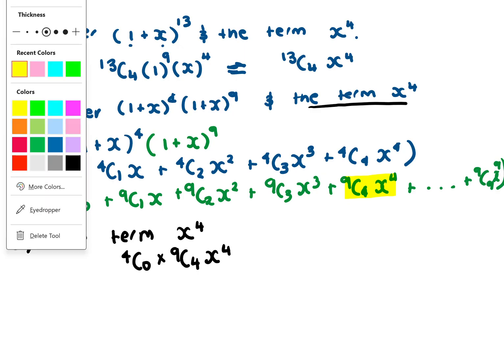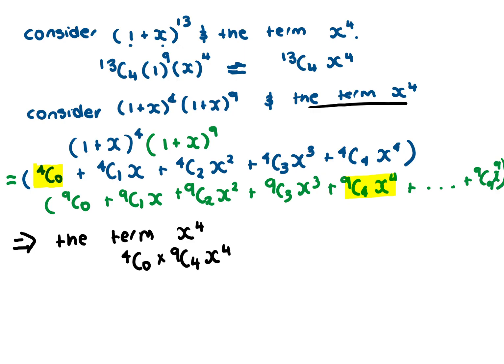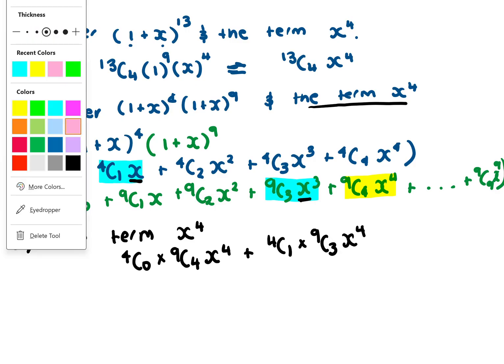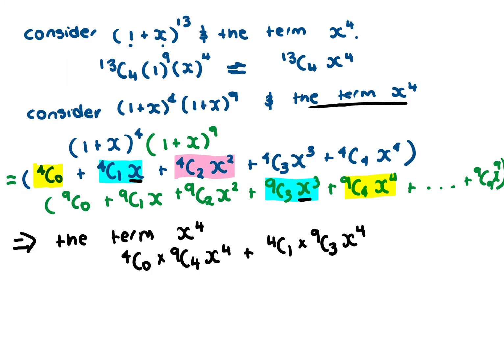I could also do x times x cubed, which gives me an x to the 4. So I could do 4C1 times 9C3. How else could I go? Well, I could do my x squared times my x squared.